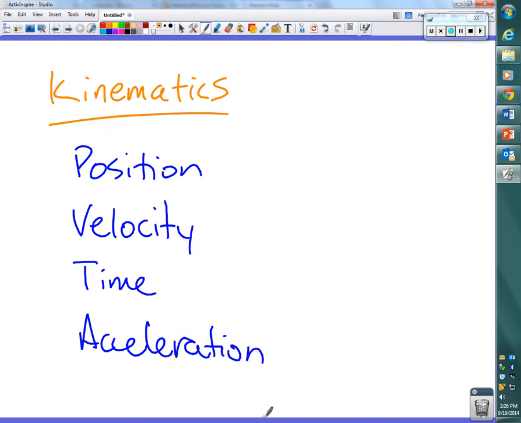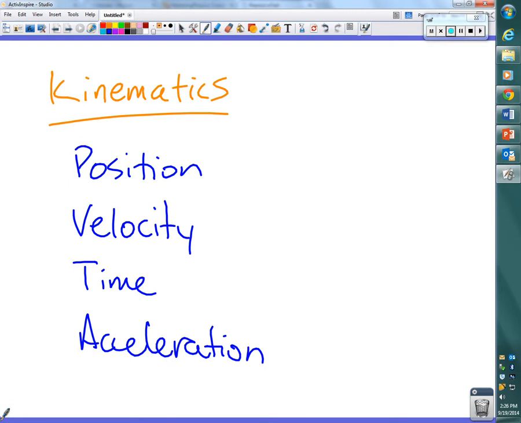So like we talked about on the first day of kinematics, where an object is, what it's doing, what's going to happen next, and then, when are all these things happening? If we can figure out these things, or if we can measure these things about a motion, we do a good job of describing it.